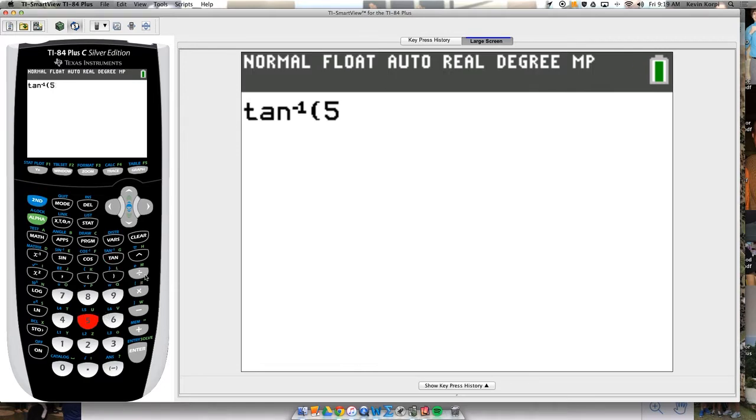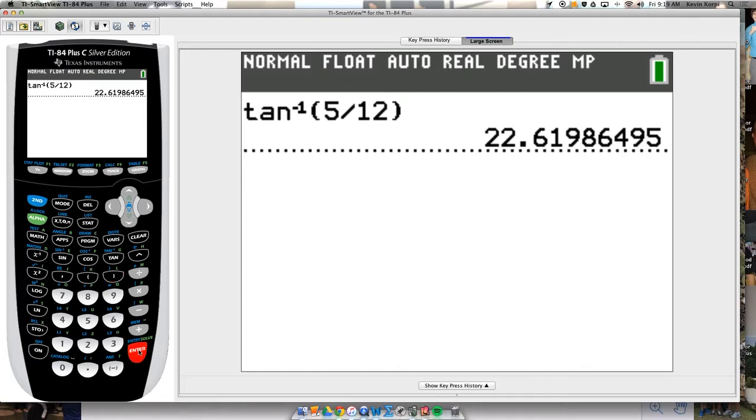We take inverse trig functions of ratios to find angles, and we take trig functions of angles to find ratios. So this is going to give us 22.619. So theta on my iPad, I'm going to write 22.619 if you truncate, or 620 if you round. You would need that trailing 0.